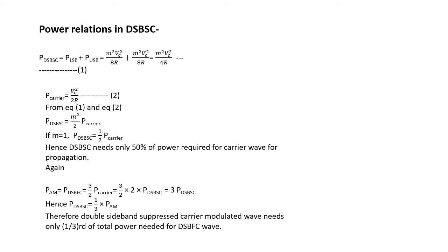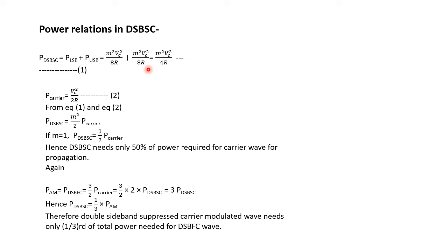So, if we want to calculate the total power needed for the transmission of DSBSC, we will have to sum up the power used for the lower sideband and the power used for the upper sideband. As we can see from equation number 1, the power needed will be m square Vc square by 8r for the lower sideband as well as the same quantity for the upper sideband.